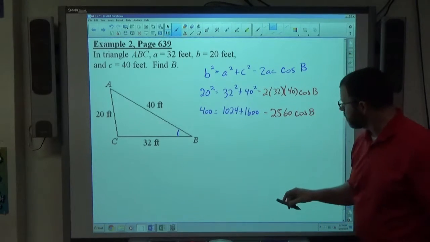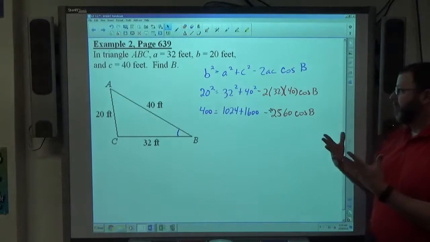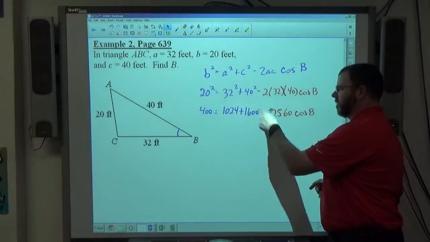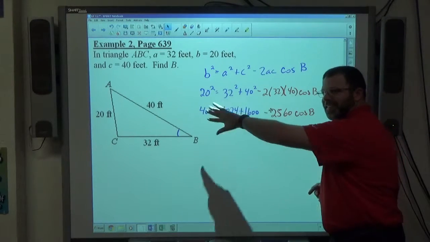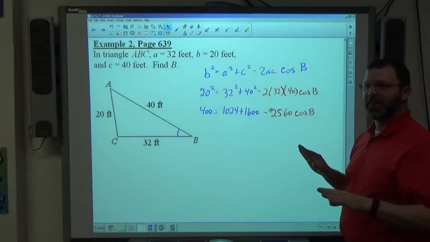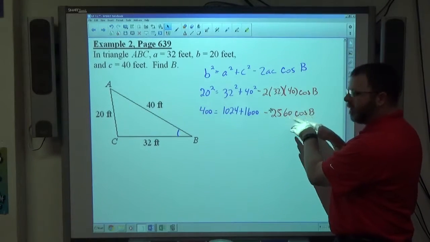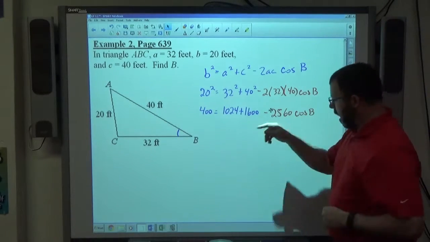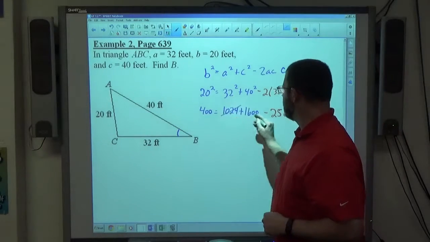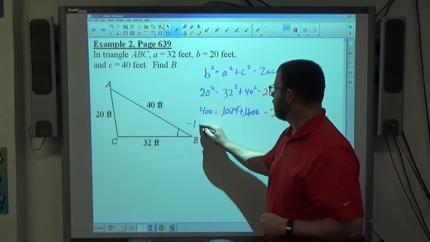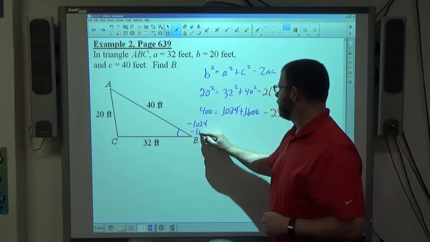Alright, so what I'm telling you is in the past I've seen people do this plus this minus that and then just move stuff. That's not legal. All this stuff here is connected, so keep that number attached to that. I'm going to move the 1024 and the 1600 over here, so minus 1024 minus 1600.